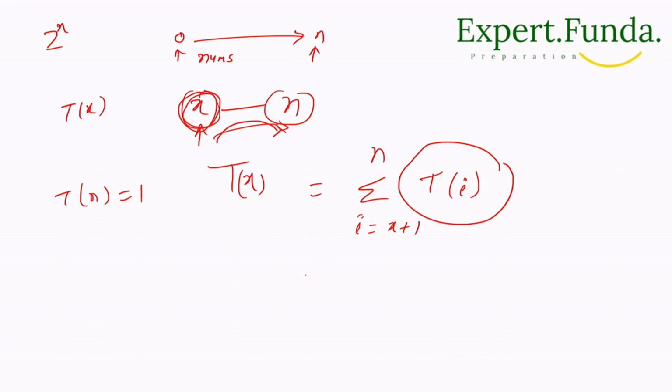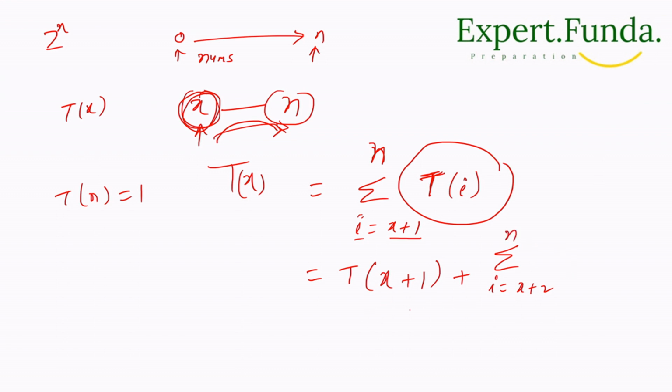And the T of x, we have started with I equal to x plus 1 to n, and what is this function? T of I, right? So if we start from I equal to x plus 2, this function will remain the same till it goes to n.